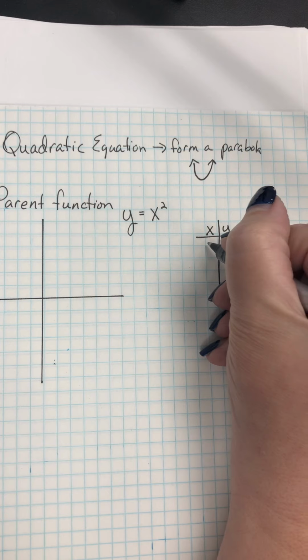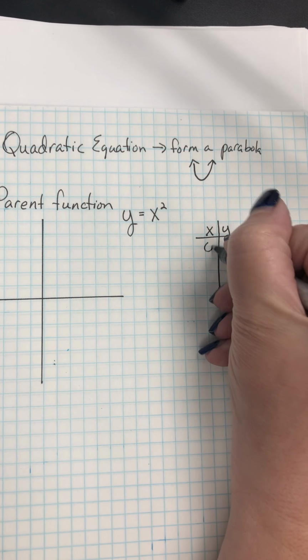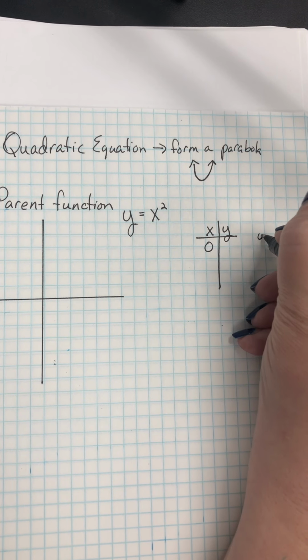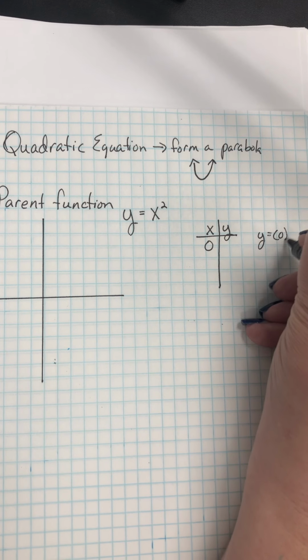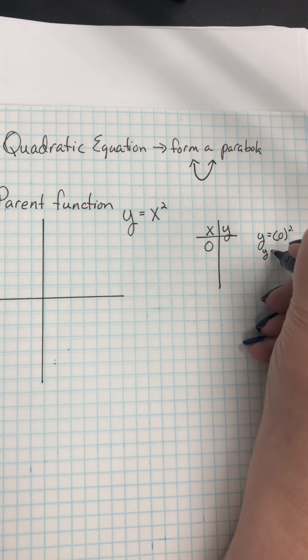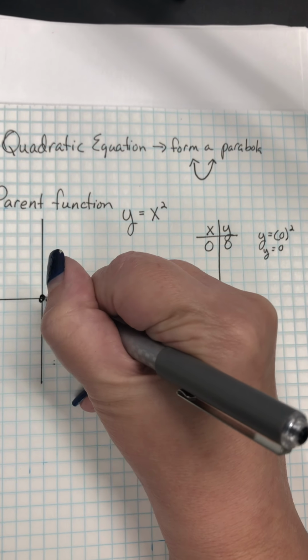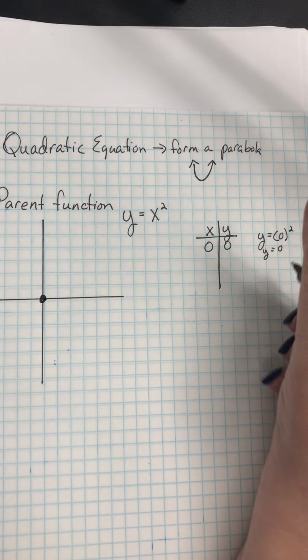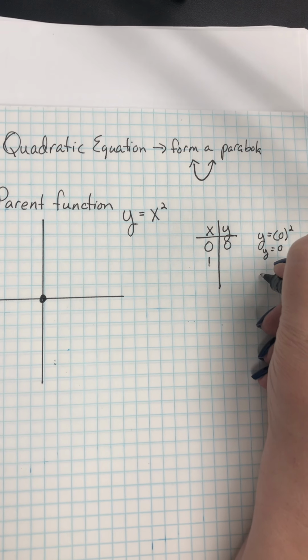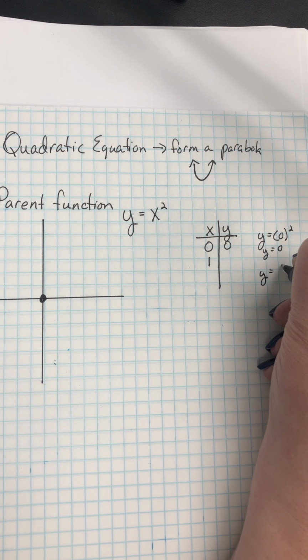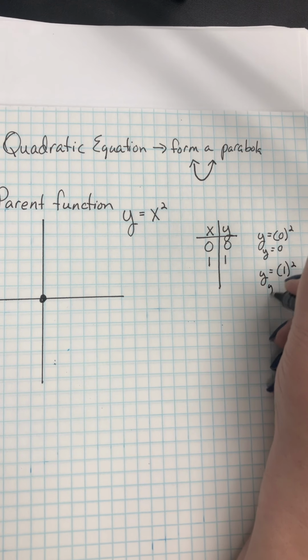So if we put in a 0 for x, y would be equal to 0 squared, and when we square 0, we still get a 0. So we have a point here at (0, 0). If I put in a 1, y equals 1 squared, I get out a 1.